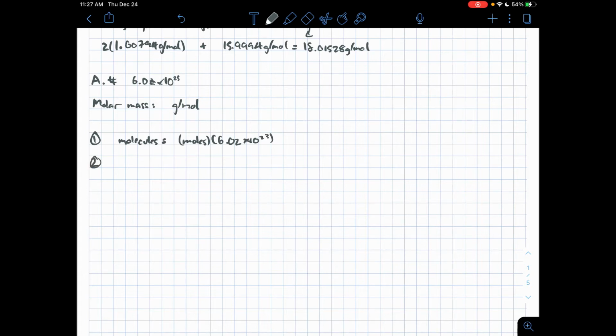The second relation I want you to focus on is this one here. So if you have mass, and then below mass you have moles and molar mass.